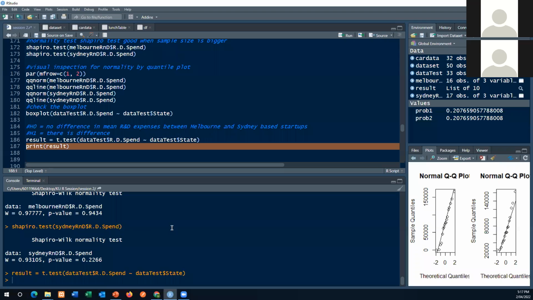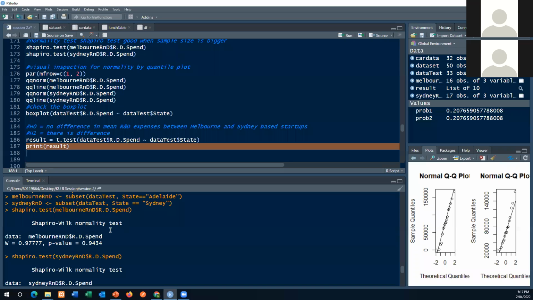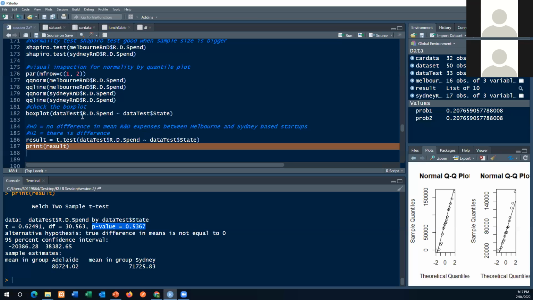For Sydney we got 0.95, here we got 0.53. But still this is above the significance level, so we cannot reject the null hypothesis. That means our R&D expense is actually the same irrespective of their state, the origin of the company.